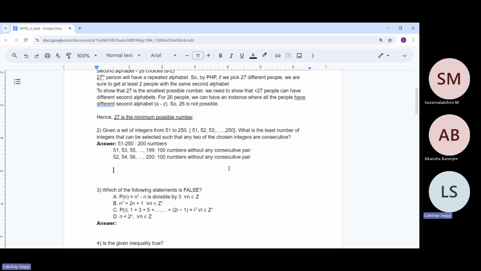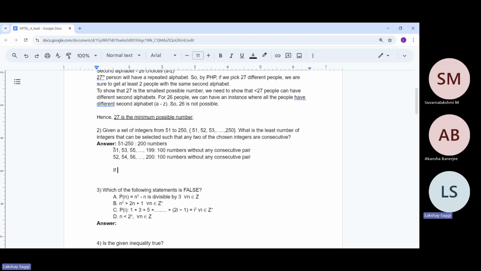And what's the reasoning behind it? What we'll actually arrive at is that if we choose 101 integers, then we will always be guaranteed that there exists a consecutive pair in a set of 101 integers.